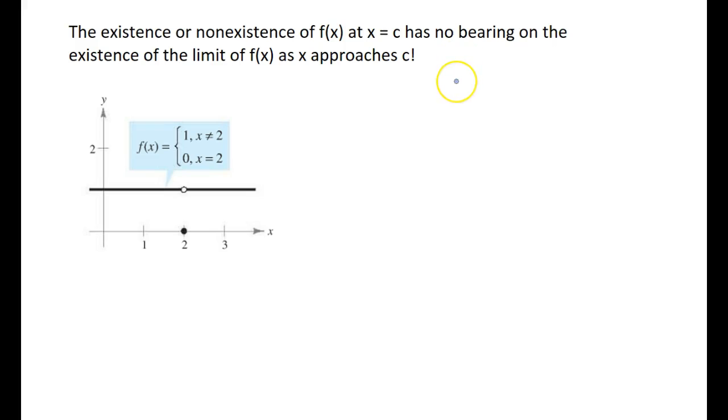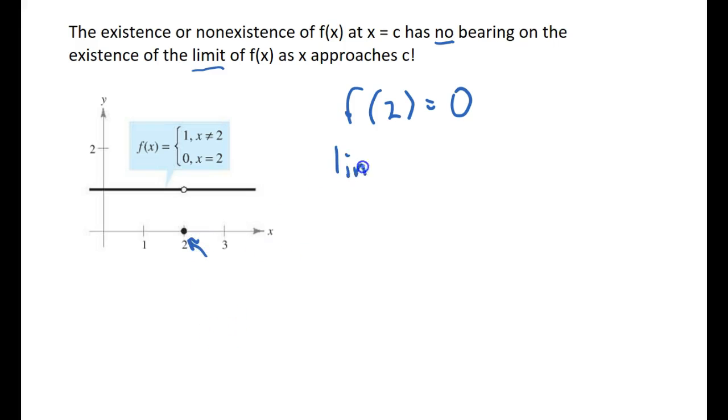Okay, so this is an important concept to understand. The existence or non-existence of f of x at x equals c has no bearing on the existence of the limit of f of x as x approaches c. For example, let's look at this graph right here. It's a piecewise function. F of 2 is 0. See? There it is right there.